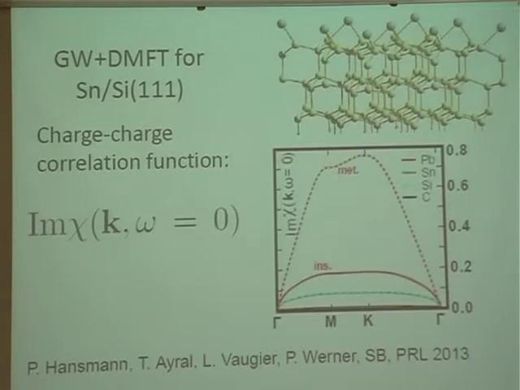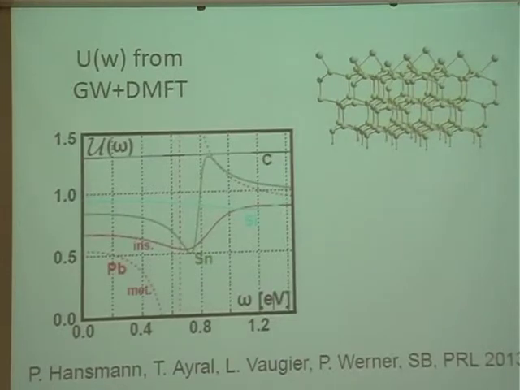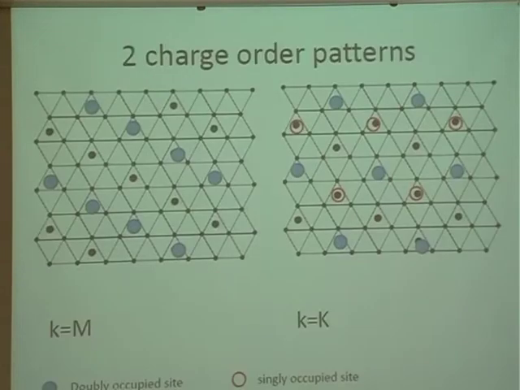So going back, we can analyze this for the different compounds, and you see that the question is really relevant, as you say, for the lead compound, where we have these two solutions, the insulating and the metallic one. And we see that indeed they develop some kind of maximum towards the K point, indicating that somehow there is charge fluctuation in that direction going on probably.